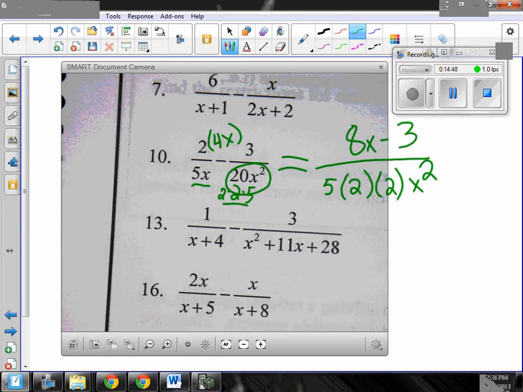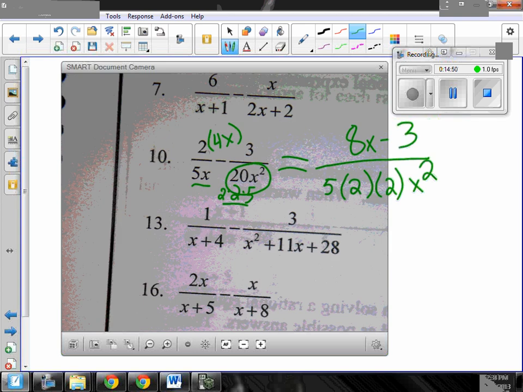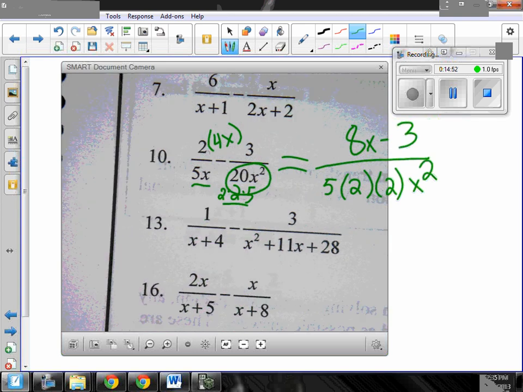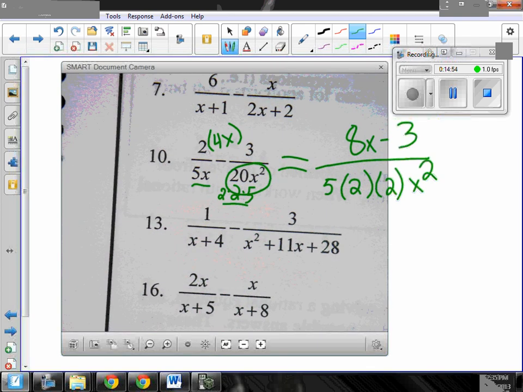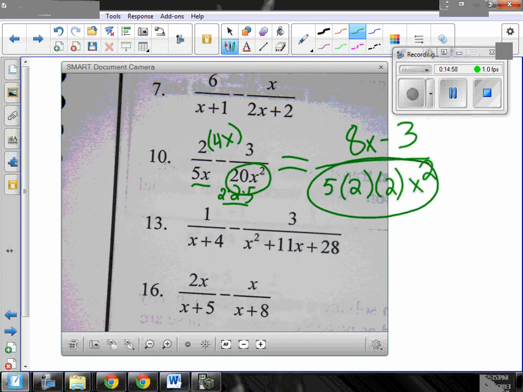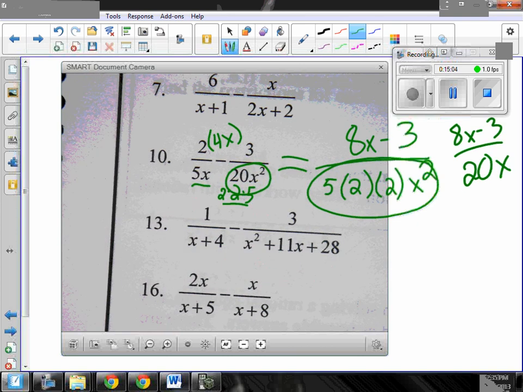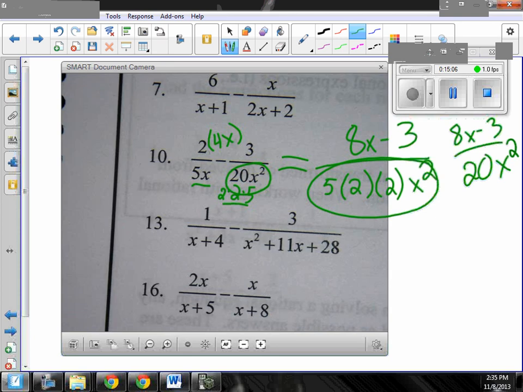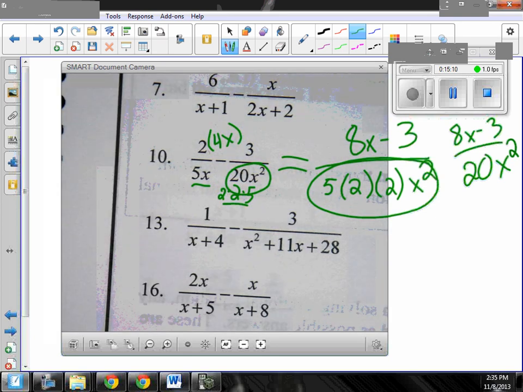Does 8x minus 3 factor? No. So I can't pull anything out. So I need to multiply all this together, but I already know what that is. It's 20x squared. So 8x minus 3 over 20x squared. Okay, they're about to get more difficult.